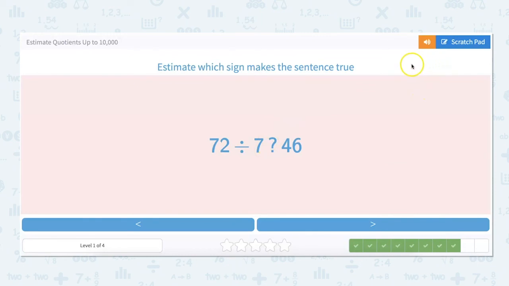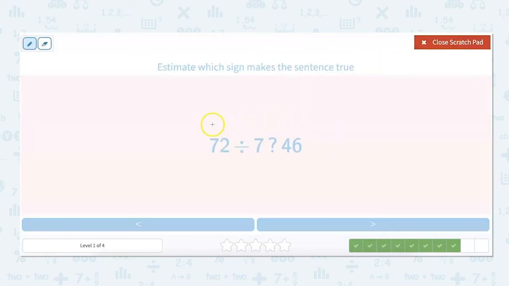All right, 72 divided by 7 is less than or greater than 46. So let's see, 72 rounds down to 70. 70 divided by 7 equals 10. And 10 is much less than 46.